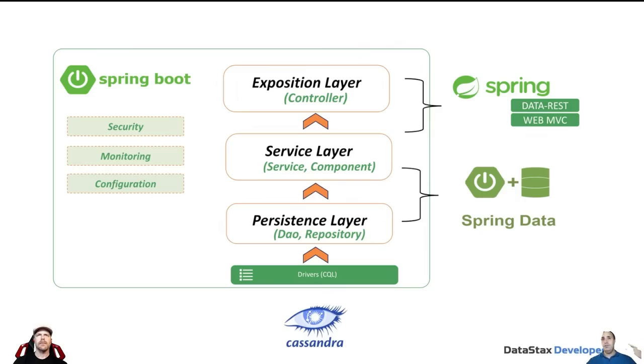You simply have to declare the interface, and all the magic will be done for you. So no surprise, we will use Spring Data Cassandra, and even the Spring Boot Data Cassandra Starter. Yeah, it's all composed, it's like Lego in the names.